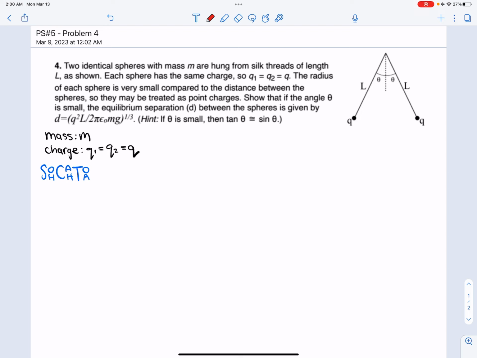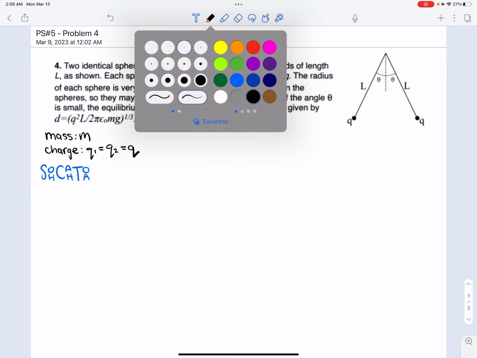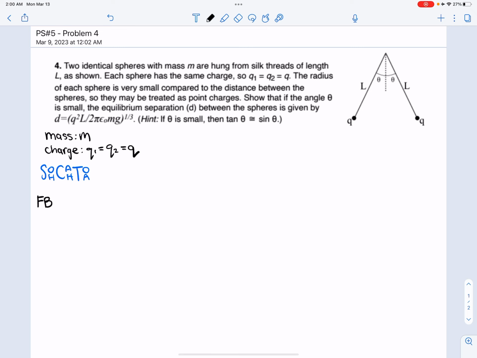Okay, so first I'm going to draw a free body diagram. Mark my coordinates, x and y, right?